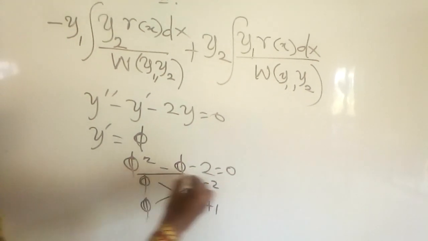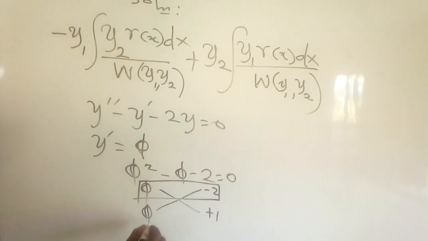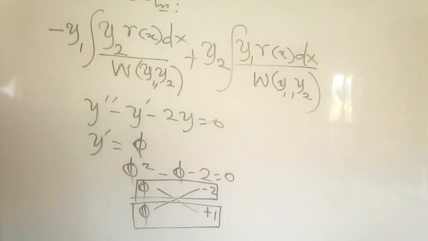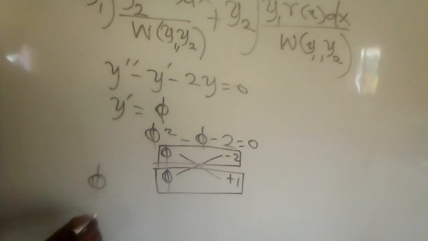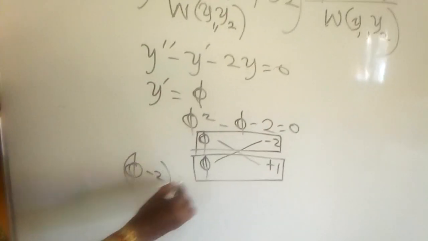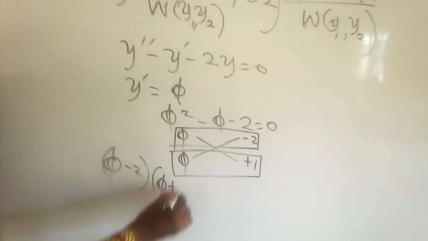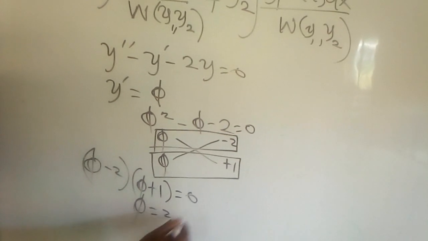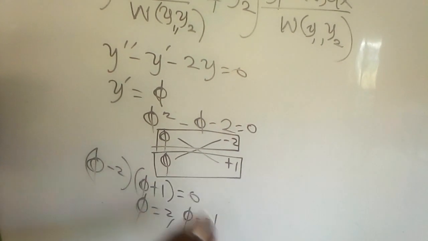This gives us the factors of the above expression. So m = 2 and m = -1.